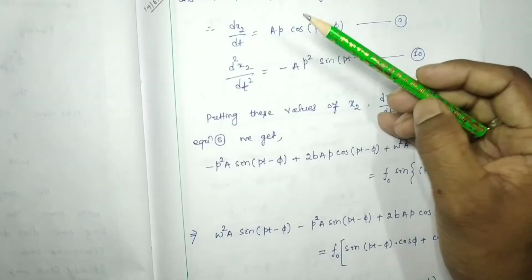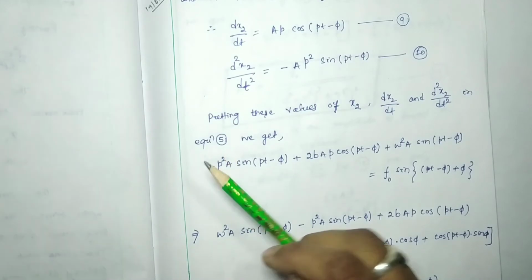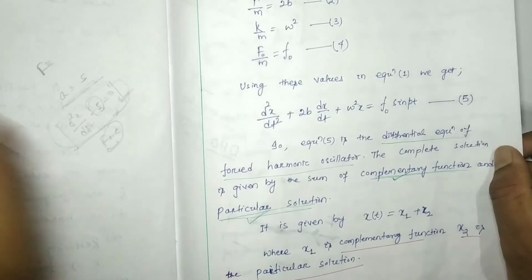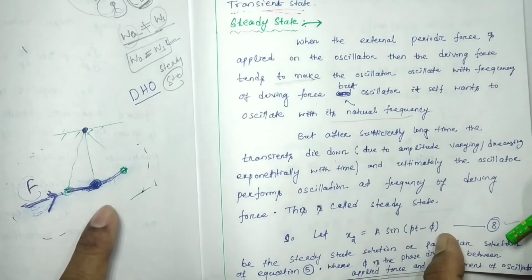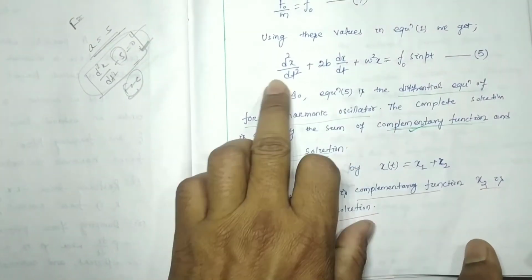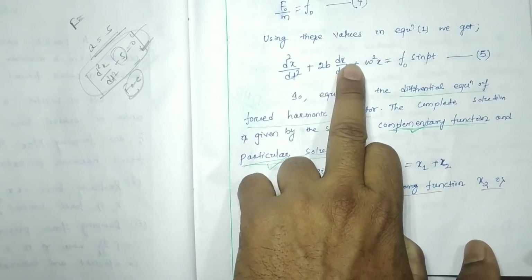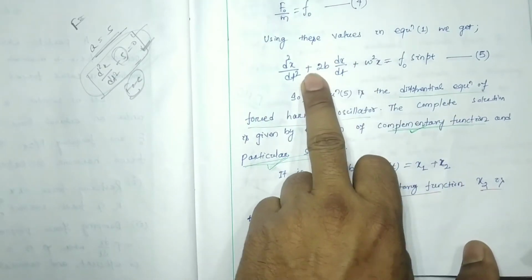Now we have to put the first derivative and second derivative in equation number 5, because this is our general equation. That means if this is a solution, then it has to satisfy equation number 5. So we found d square x2 by dt square and dx2 by dt, and we have to put them in.